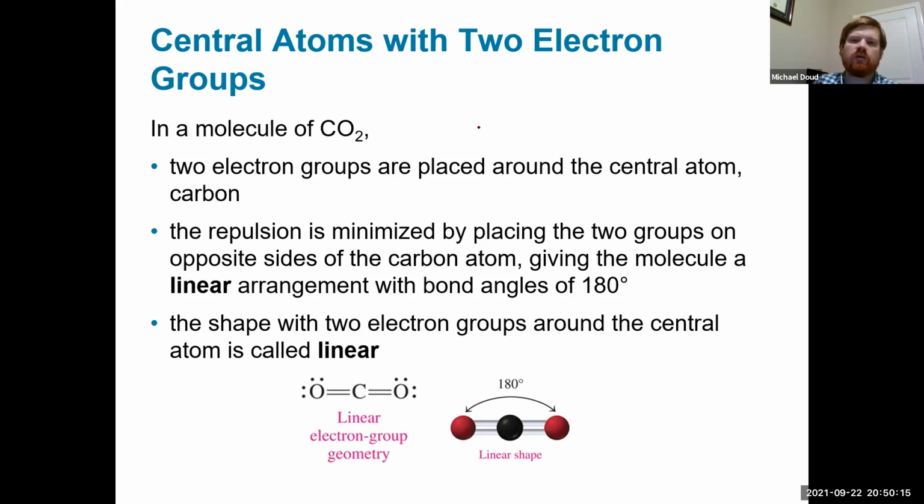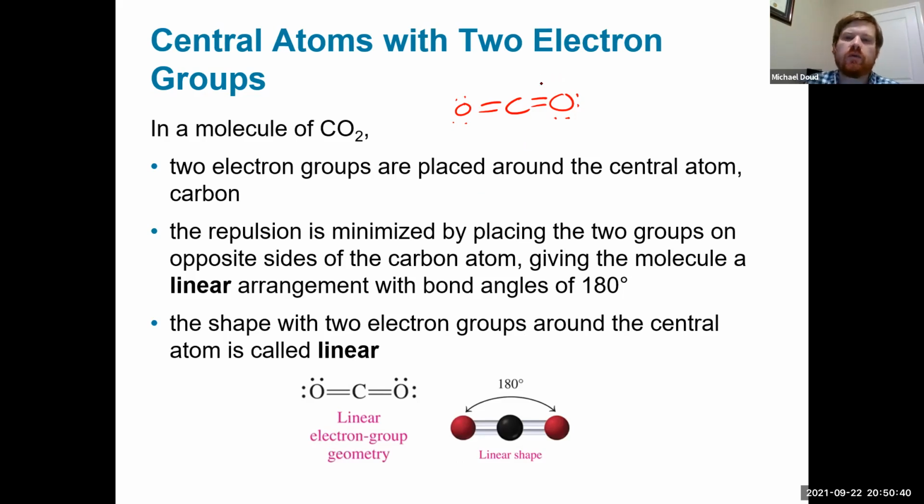Okay, so starting with 2 electron groups, we can start from CO2. This was a Lewis structure that we did in the last lecture when we were talking about double bonds.